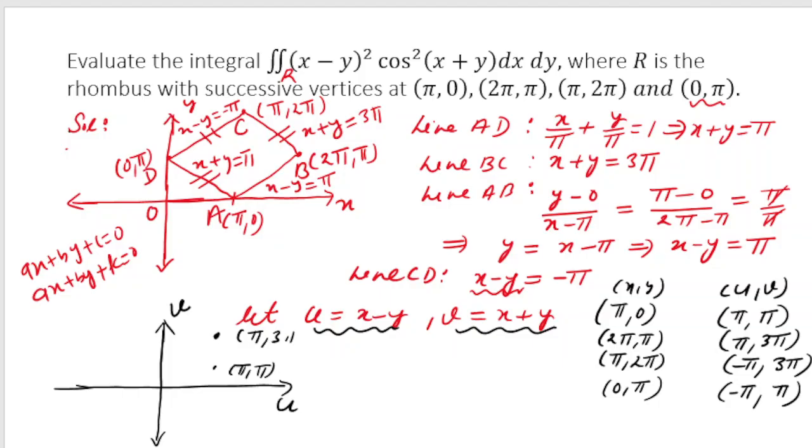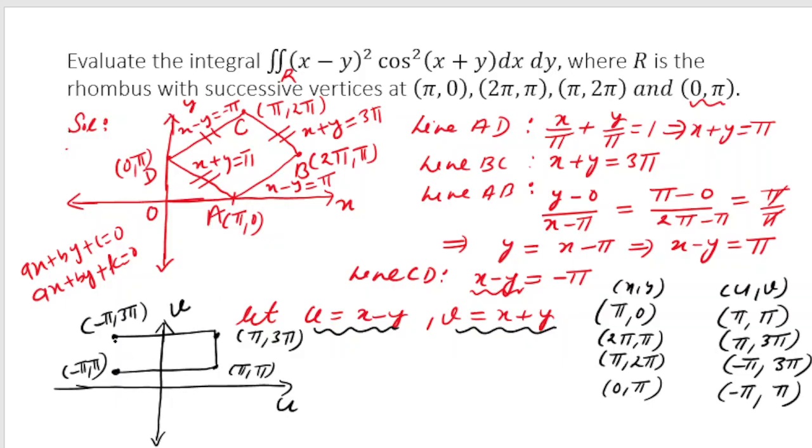We are not using any scale here. So this is pi comma pi, this is pi comma 3 pi, and this point is minus pi comma 3 pi, and the last point is minus pi comma pi. So we have this region here, right?